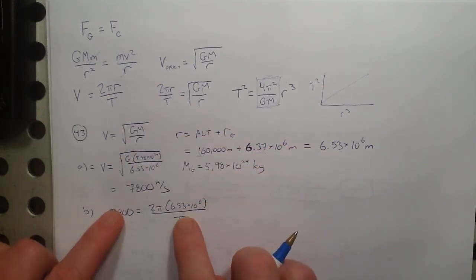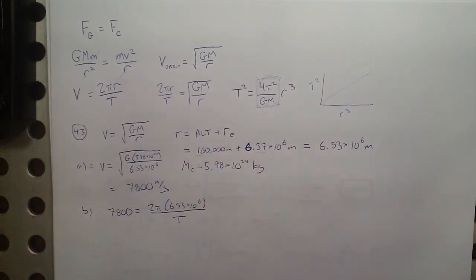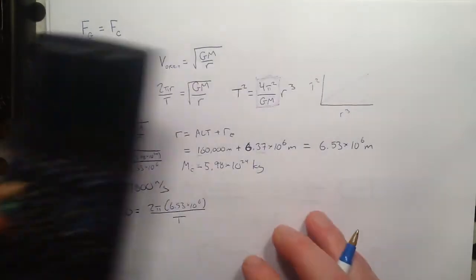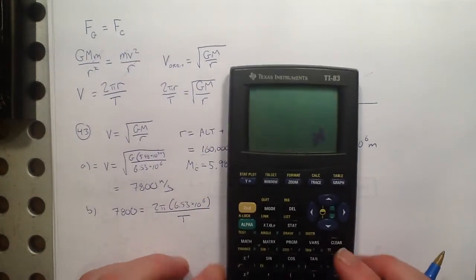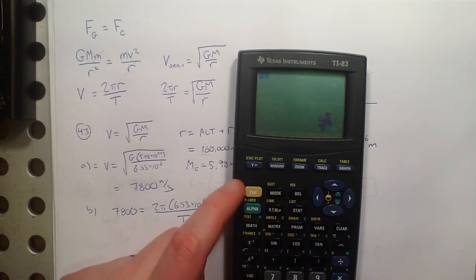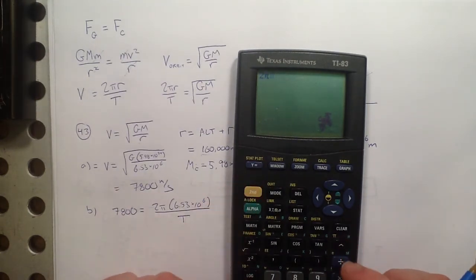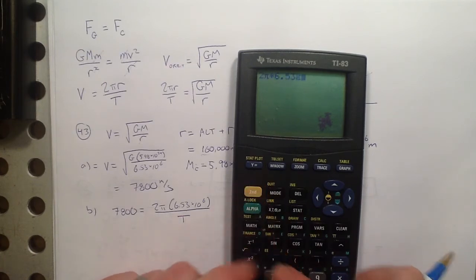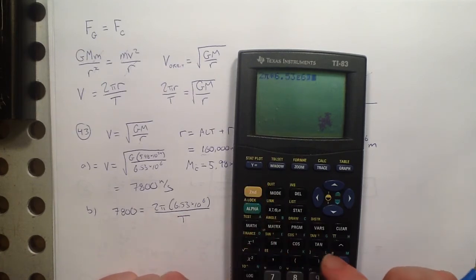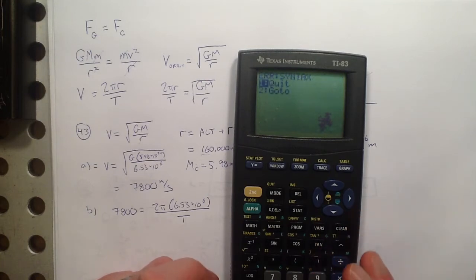By cross multiplying, I can switch those, which means that my T, my period, is equal to 2 pi times 6.53 times 10 to the 6th divided by 7,800. And I have a syntax error.